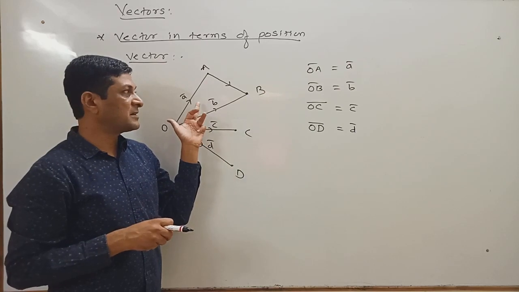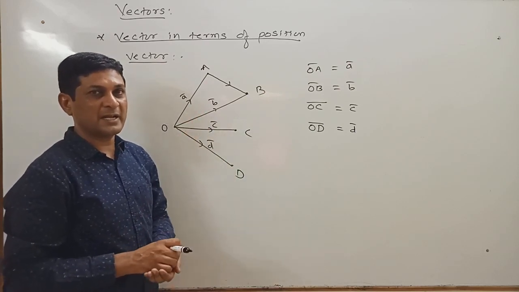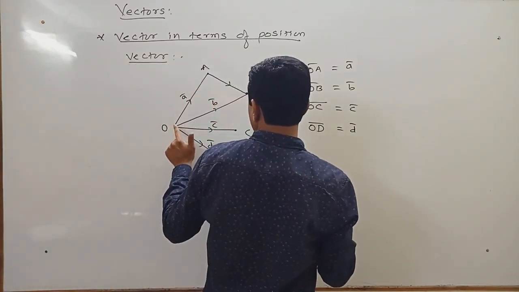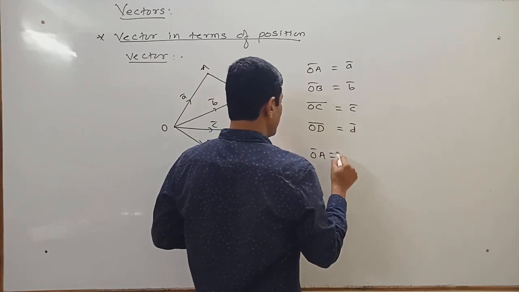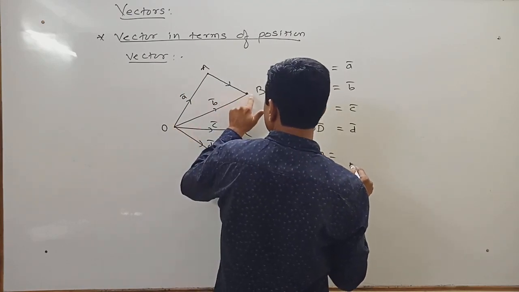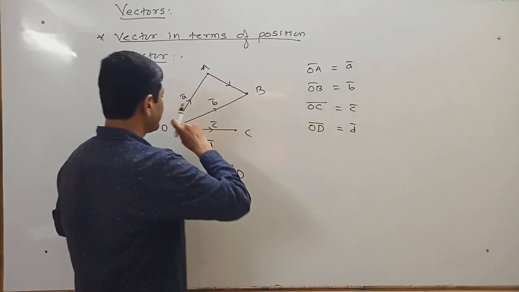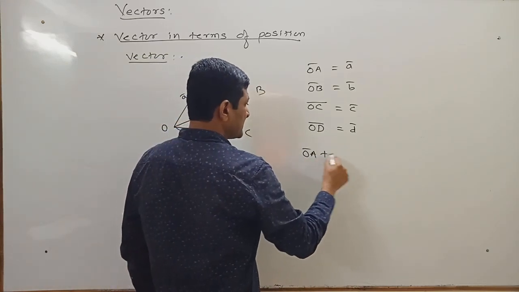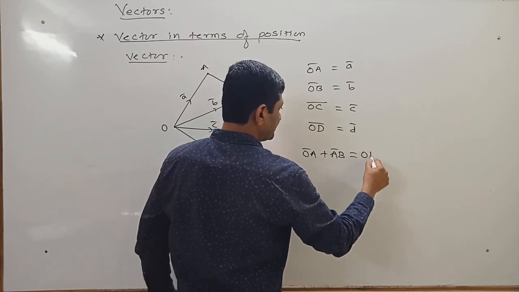Here we have got one triangle, and since we have got a triangle, we are able to apply triangle law of vector addition. So in this triangle, we can observe that OA bar plus AB bar is equals to OB bar.